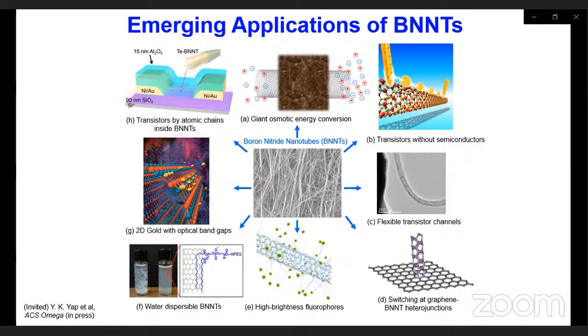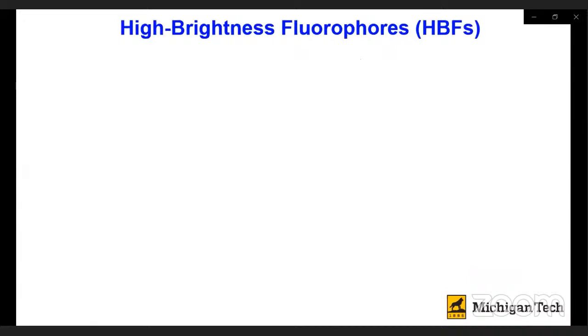Next, I will talk about the last example that I would like to discuss in this talk, which is a biomedicine application. This is called high brightness fluorophore. Let us take a look at the simple theory of fluorescent intensity.